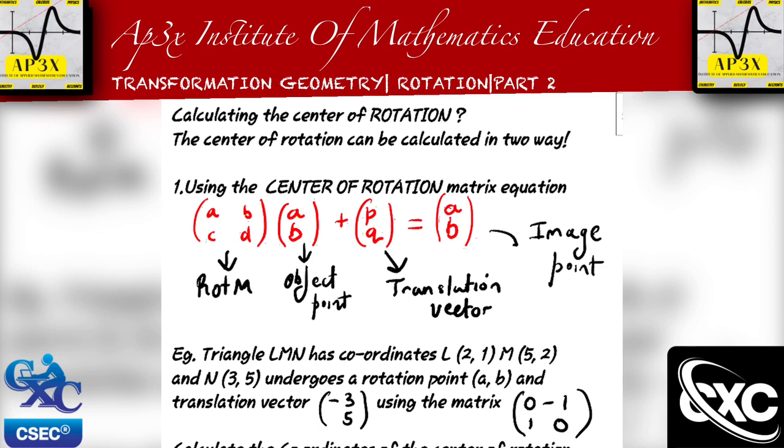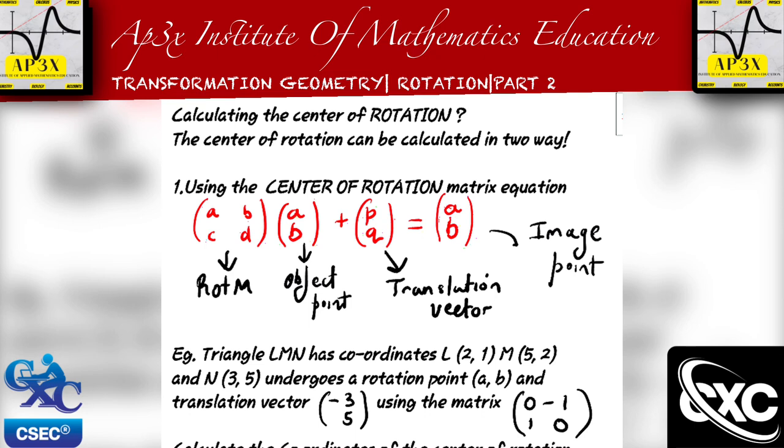Now, the first one that I want to show you is how to use this very equation here on screen. This is called the center of rotation matrix equation, or the mapping of the center of rotation onto itself. When the origin is not the center of rotation, the rotation is actually equivalent to a rotation about the origin combined with a translation.